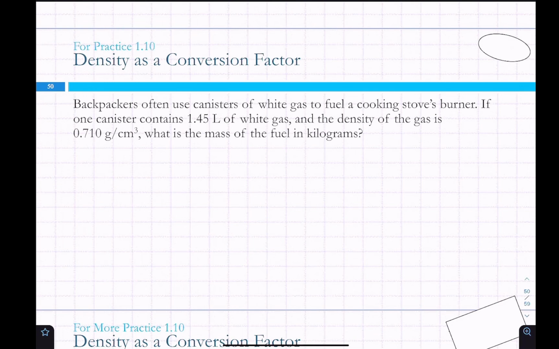So what's our starting value for this? 1.45 liters. All right, and we want to convert that into kilograms by the end. We've got to do some stuff in between. So knowing that we're given this 0.71 grams per centimeter cubed, that's a hint as to where we need to start converting units.